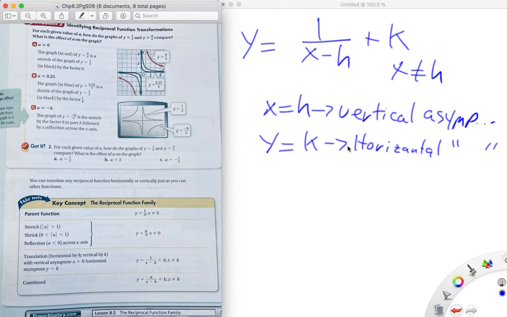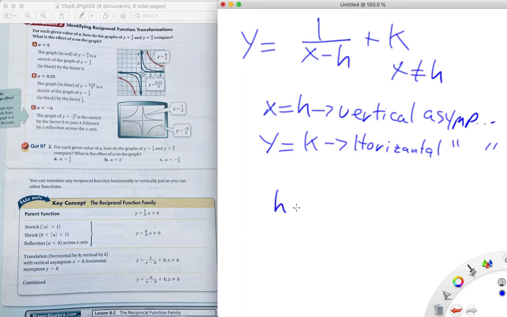All right. If h is positive, it shifts to the right.